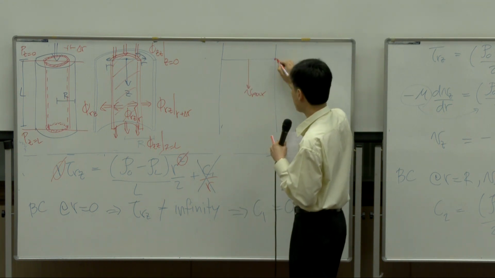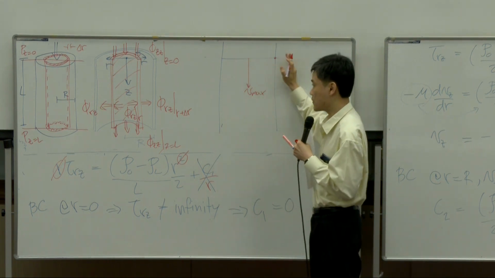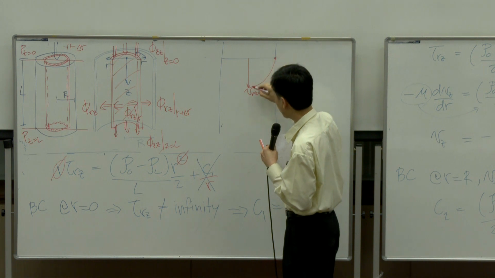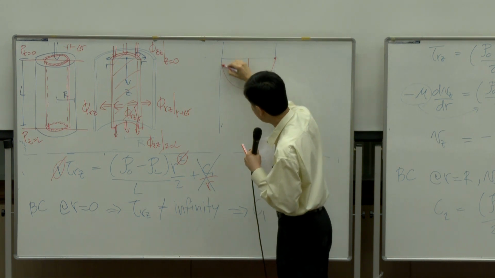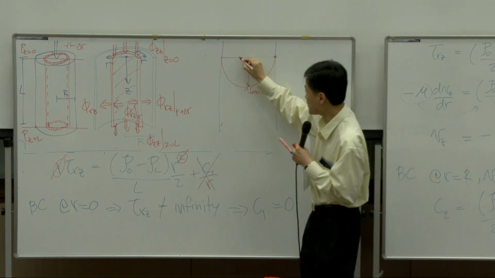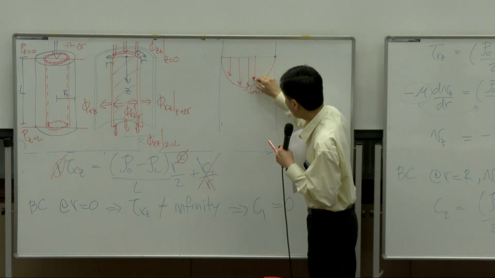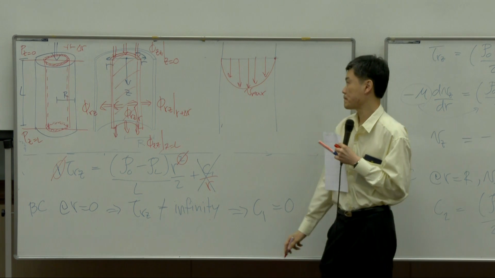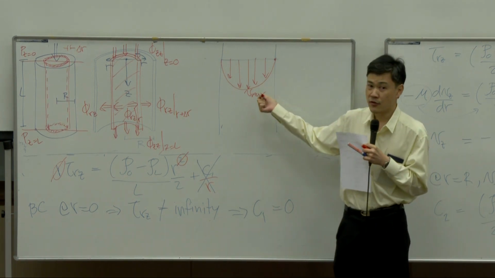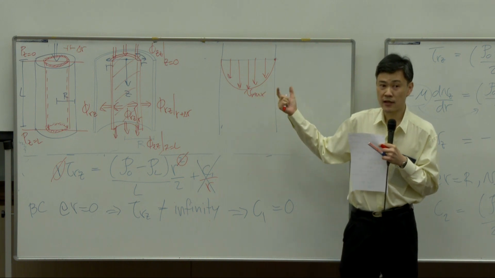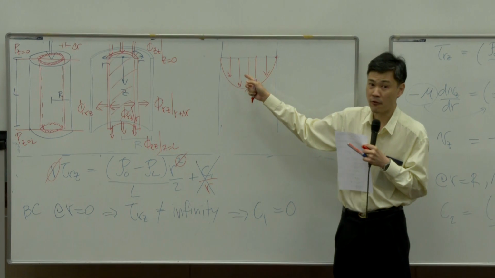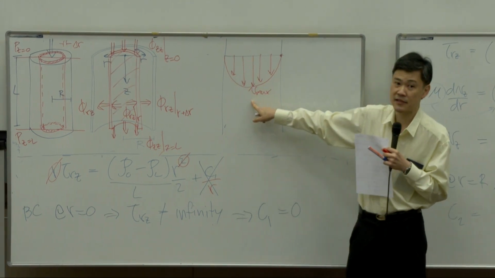I'm sorry, at r equal to capital R, it is 0. In between, it is parabolic, and it is symmetric on both sides. So you have a velocity profile that looks like this. Just like what you learned in unit operation 1. In a circular tube, for laminar flow, you have a parabolic velocity profile with maximum velocity at the center.